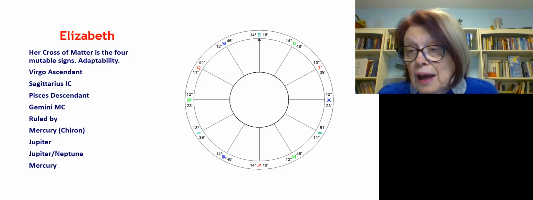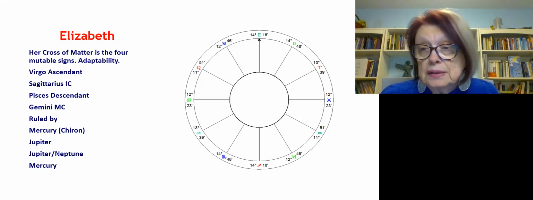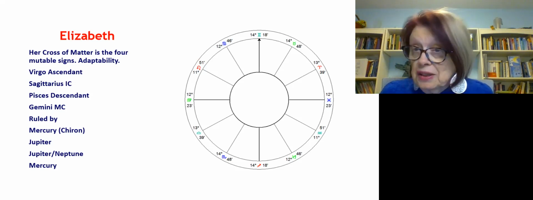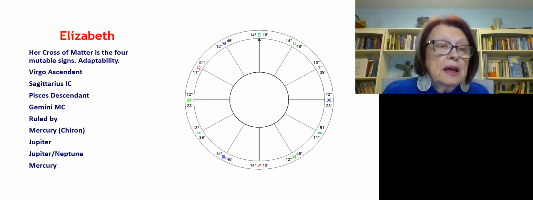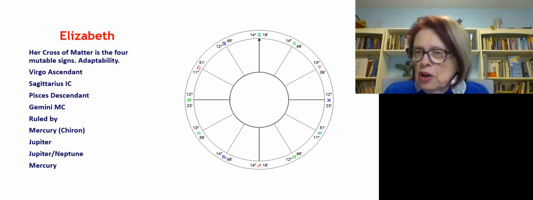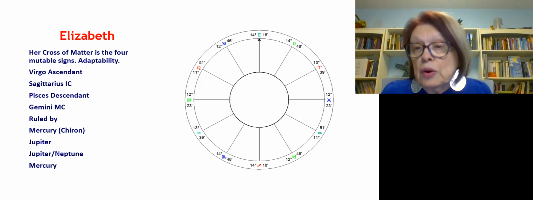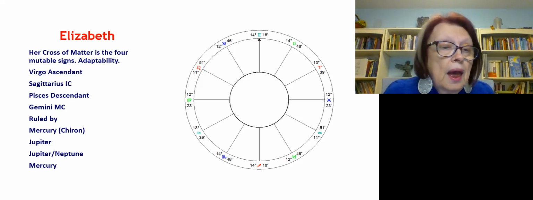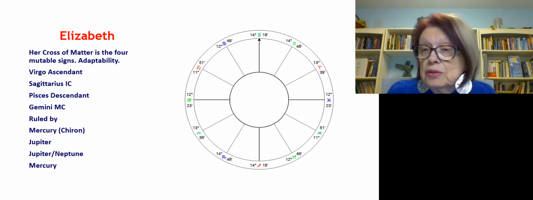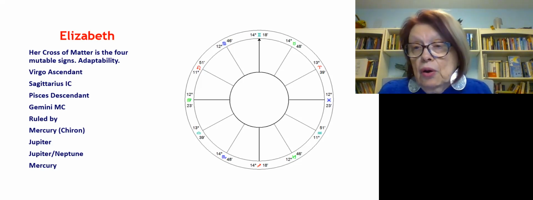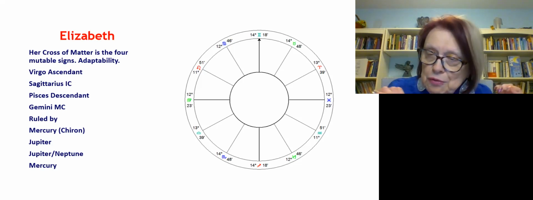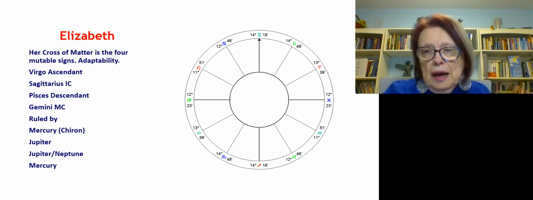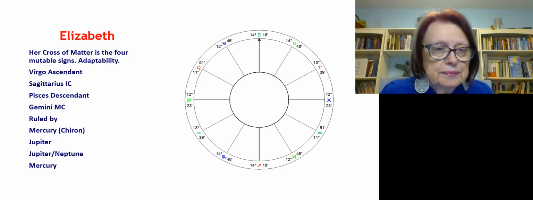That's also, again, an extremely fluid expression of the energy because Mercury and Jupiter are always in some form of motion, and Neptune as well. So it reinforces the adaptability component.